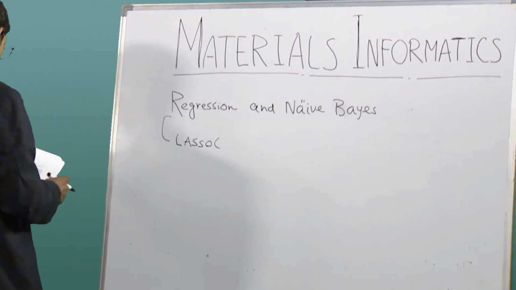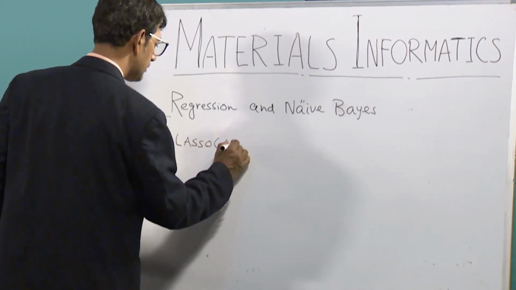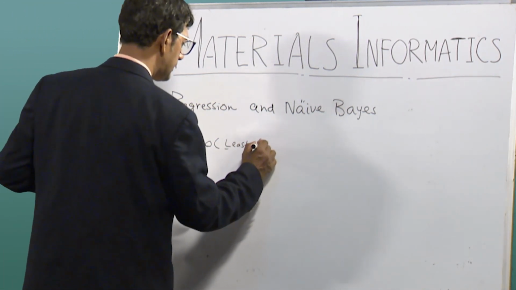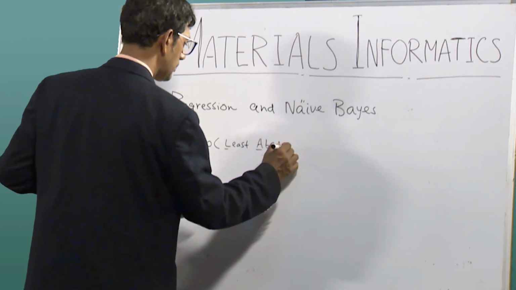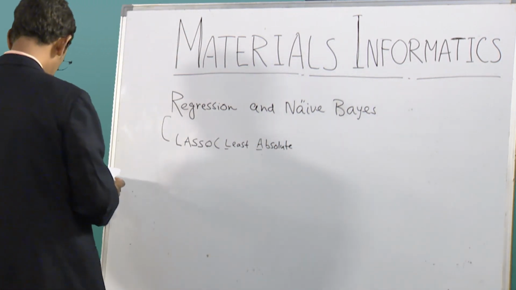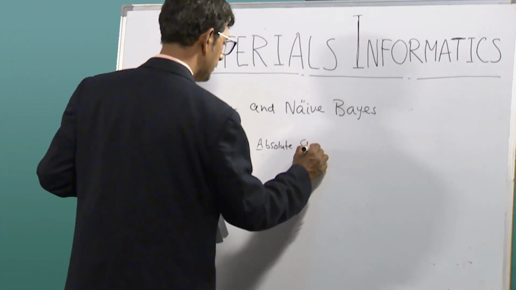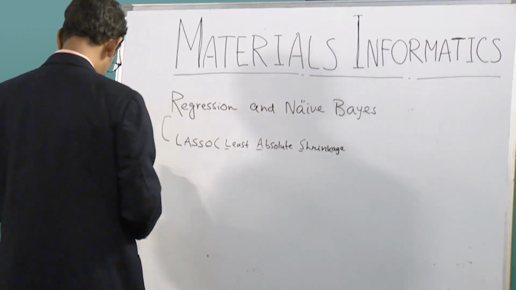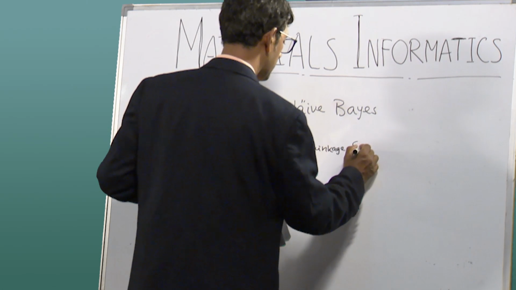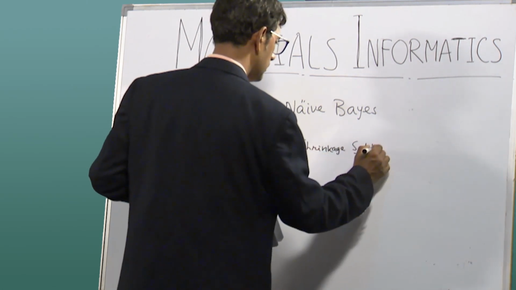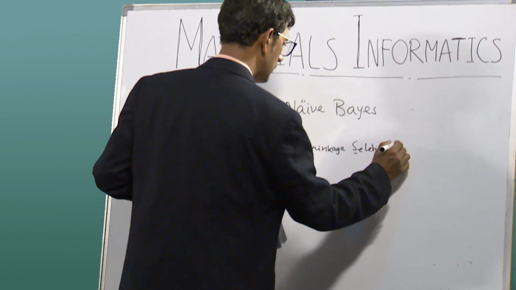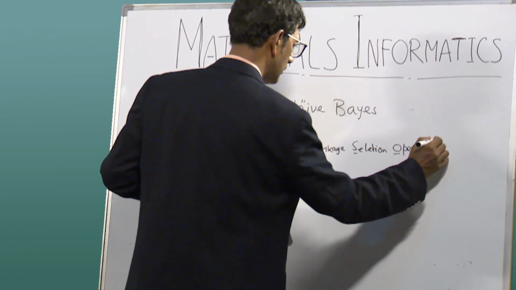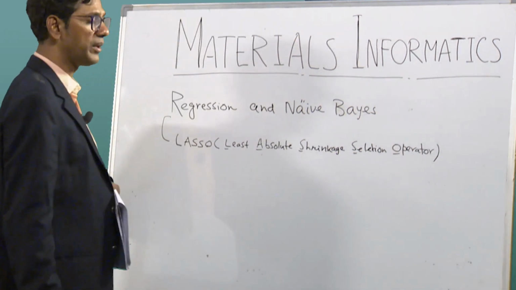Again, let me write it for you. LASSO: L stands for least, A stands for absolute, shrinkage, very interesting, right, and selection operator. That is the full form of lasso.